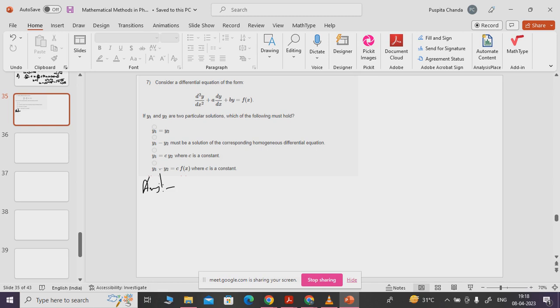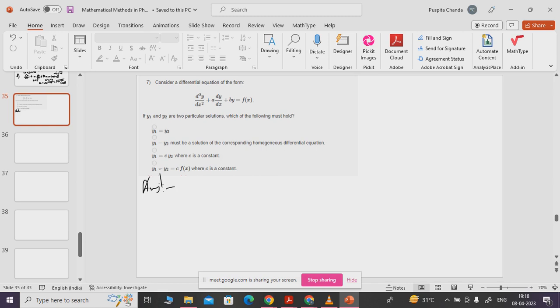Consider a differential equation of this form. If y1 and y2 are 2 particular solutions, which of the following must hold? A: y1 is equal to y2. B: y1 minus y2 must be a solution of the corresponding homogeneous differential equation. C: y1 is equal to c times y2, where c is a constant. D: y1 minus y2 is equal to c times a function of x, where c is a constant.